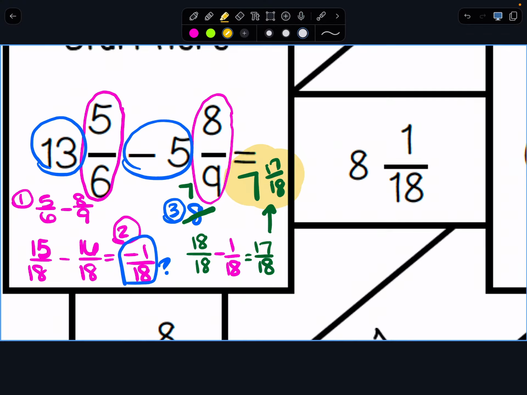That's a lot of work. Not all of them are like this. You will get maybe 1 or 2 in this section where you're going to have to borrow 1 from something else. In the other section with the addition, there'll be a situation where the numerator is bigger than the bottom, and so you have to carry a 1 over.